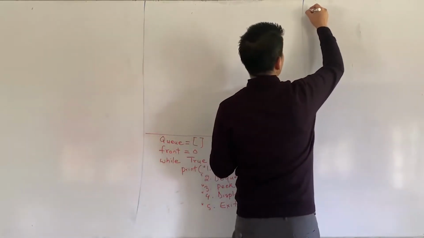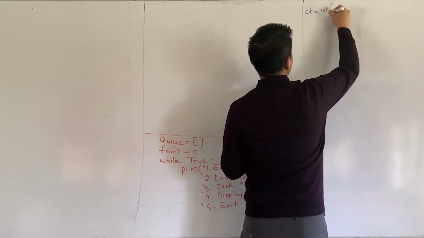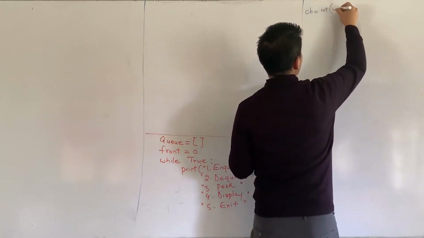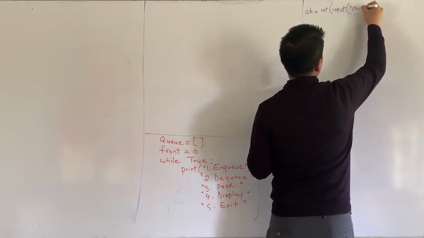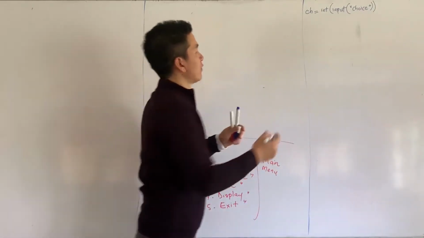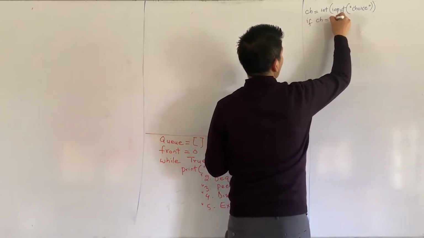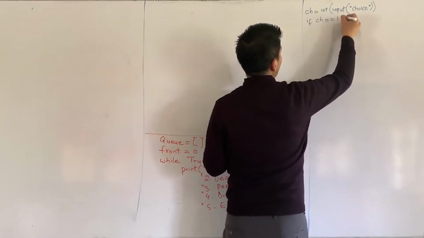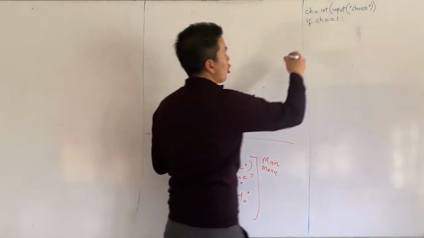Okay, so you have ch equals int and then input, I'll just write here choice. So you have to enter the choice first. If ch is equal to 1, if the choice entered is 1, I need to make a function call.